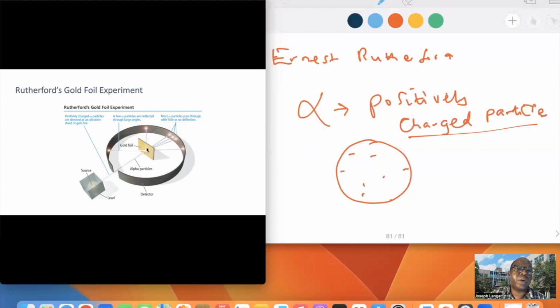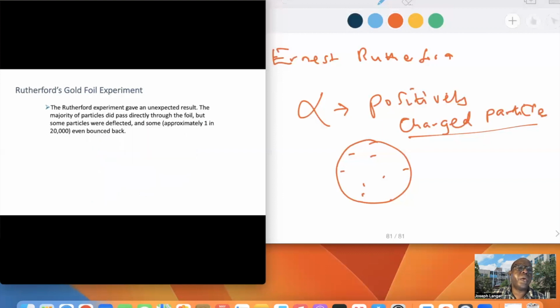He was thinking of the gold foil having the same structure as the Thomson model. You'll watch on YouTube how the experiment went.